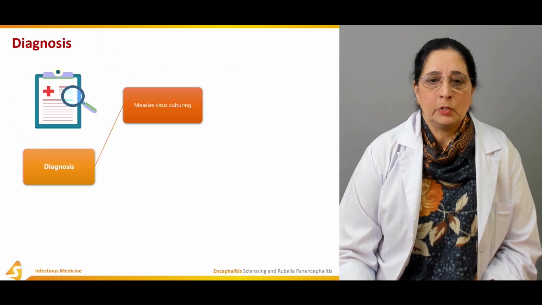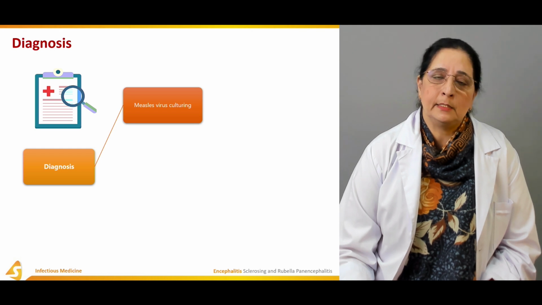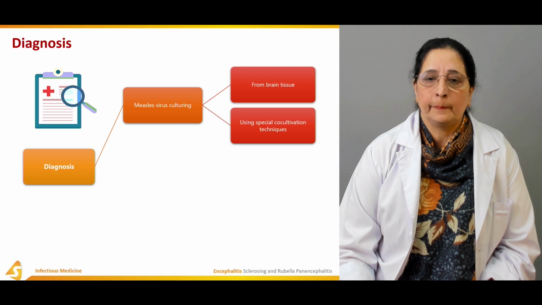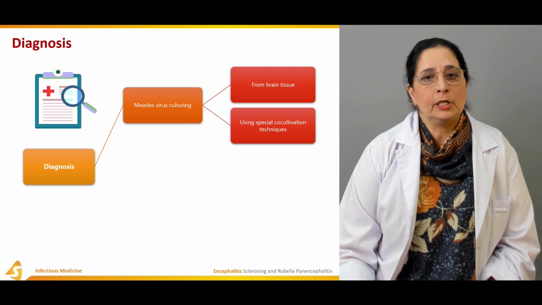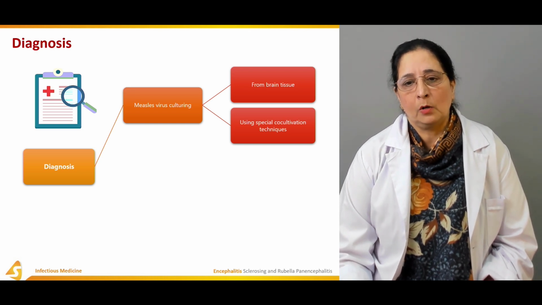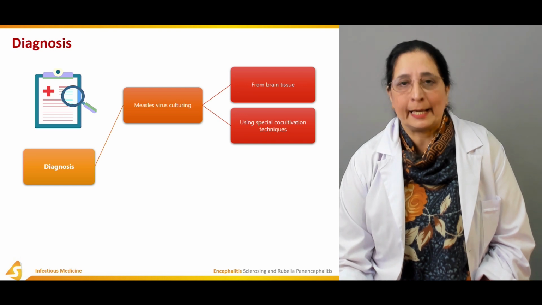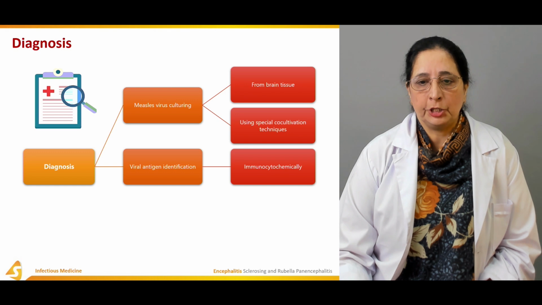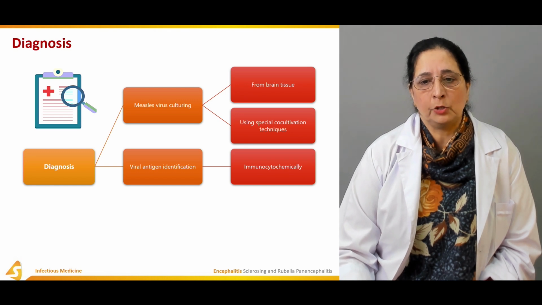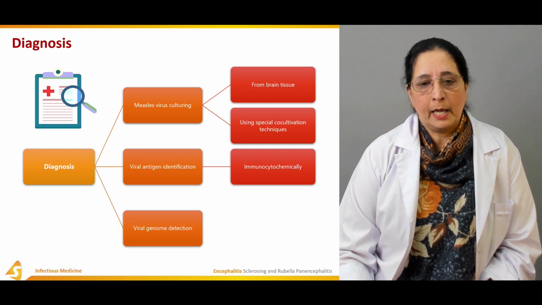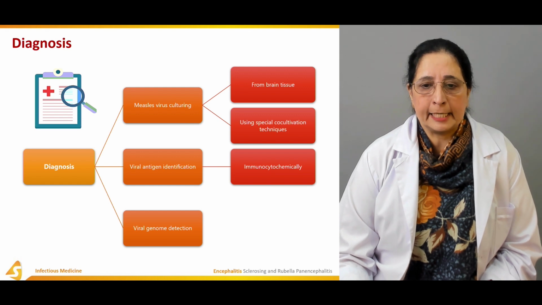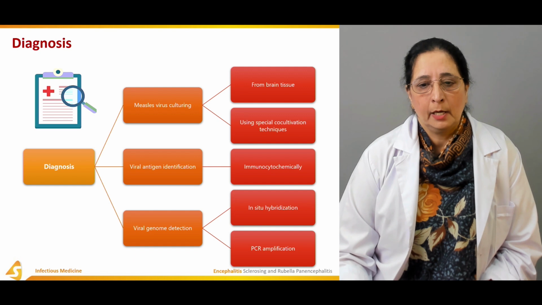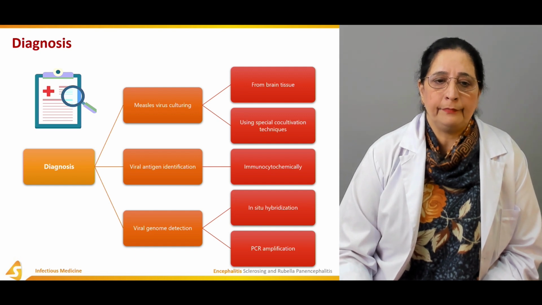Next, for the diagnosis, measles virus culturing is done from brain tissue using special co-cultivation techniques. Viral antigen identification immunocytochemically, viral genome detection, in situ hybridization, PCR amplification.